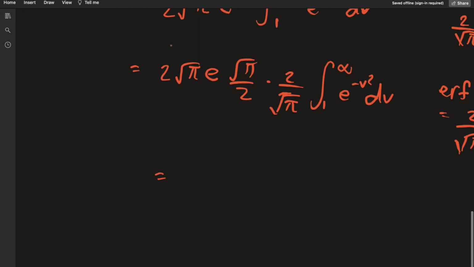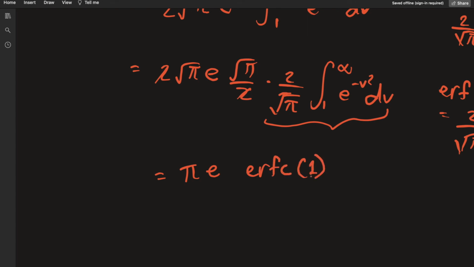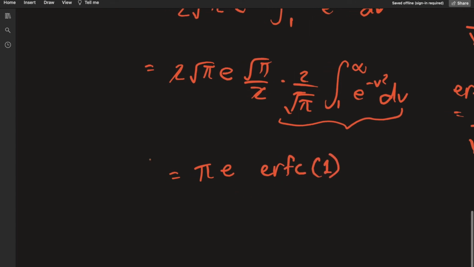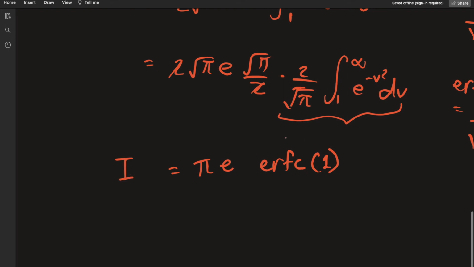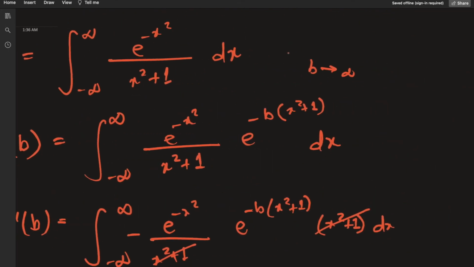When I do that, the 2's cancel out. Square root of pi becomes a whole pi. So pi e, and then this guy entirely just becomes the complementary error function evaluated at 1. And that is precisely the answer for I. Believe it or not, it's a weird answer with a non-elementary function.